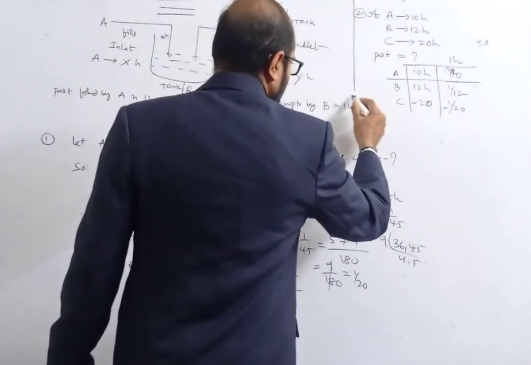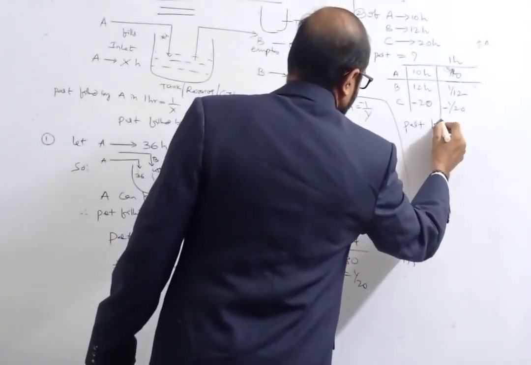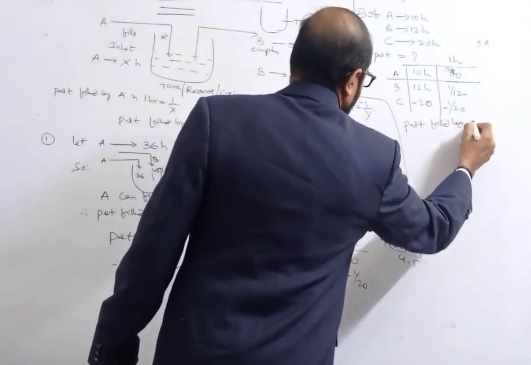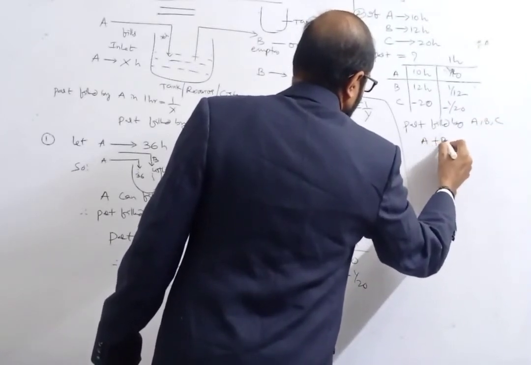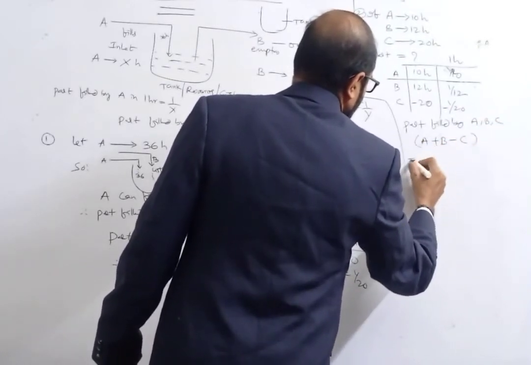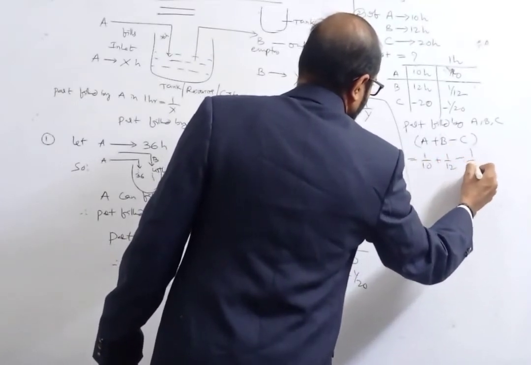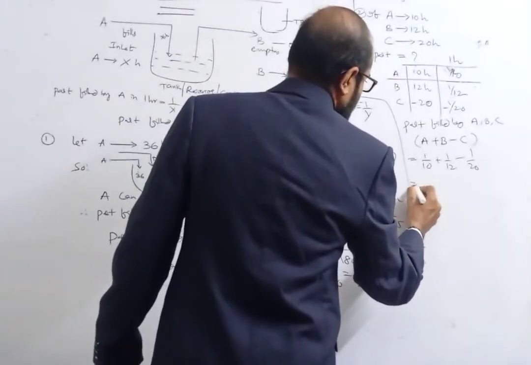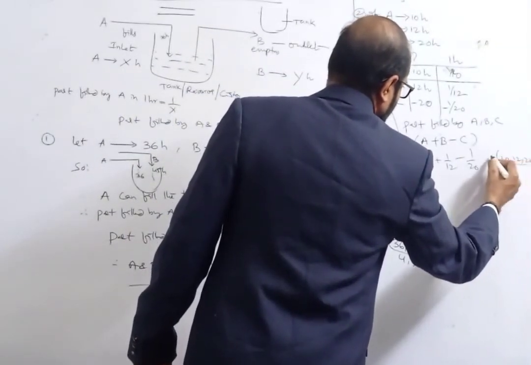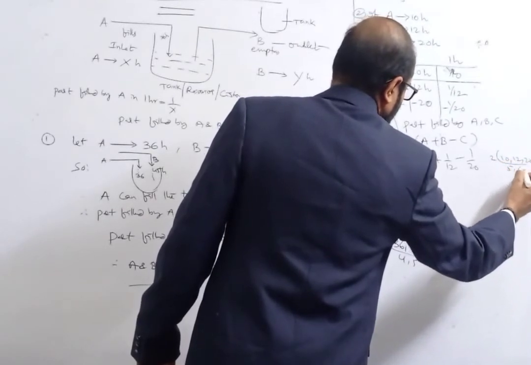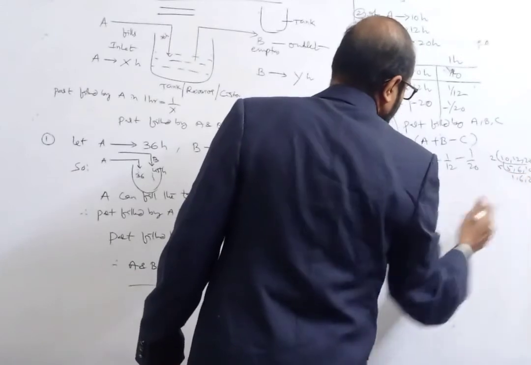So therefore, the part filled by A, B, C is A plus B minus C, that equals 1 by 10 plus 1 by 12 minus 1 by 20. What is this? The LCM of 10, 12, 20 is 60.